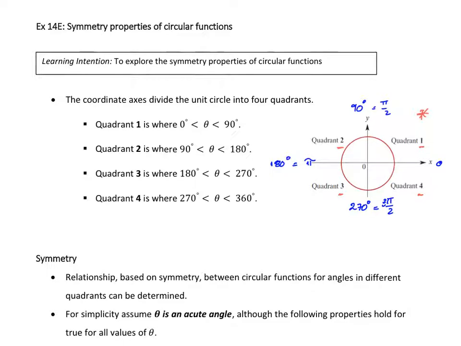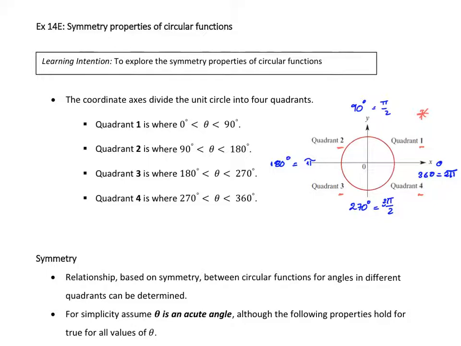And of course we come back to 360 degrees, which is equivalent to 2 pi. So it's very important that we can identify things in degrees and radian, because we will be working in both. And we do know that right around a circle is 360 degrees. Again, if I went around again, another full cycle, then that would be 720 degrees.